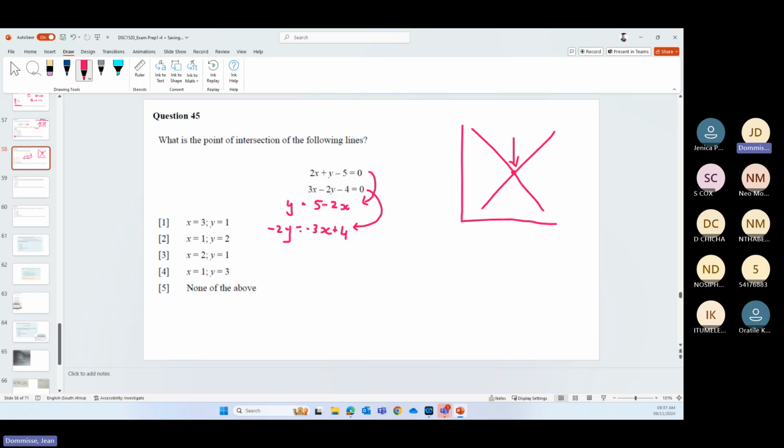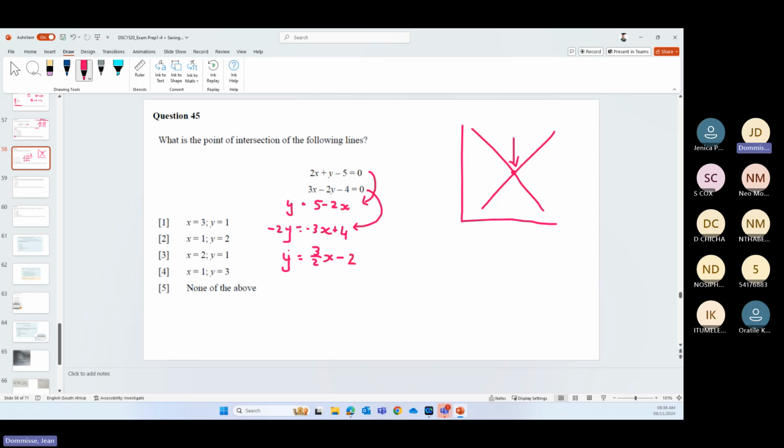But then we will also normally say that we don't work with a -2y, so we need to change that and divide everywhere by -2. So then it actually becomes (3/2)x and 4 divided by -2.